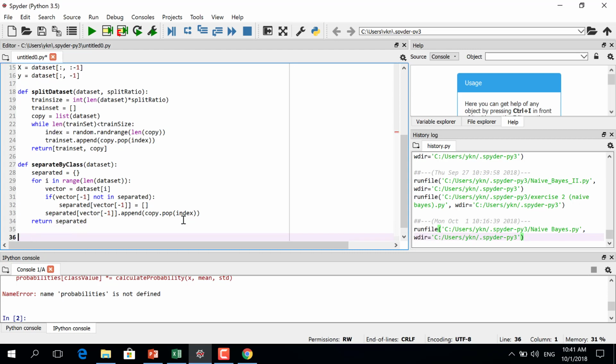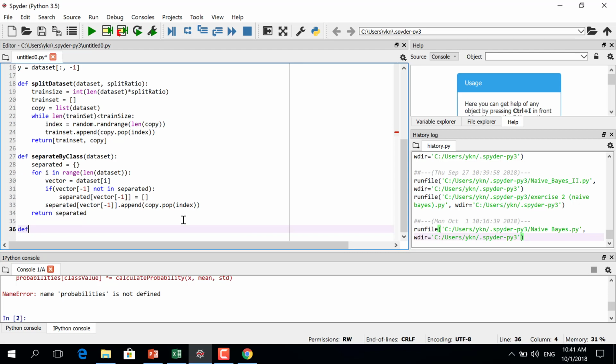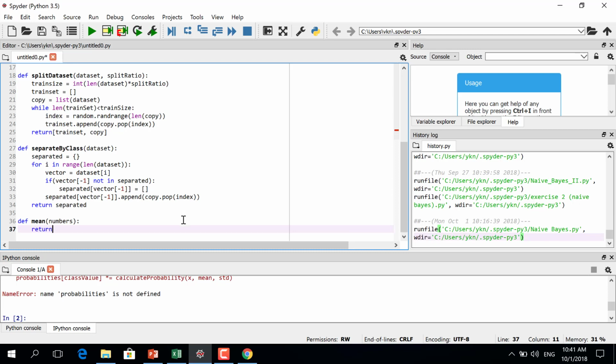Okay, now we can define our mean values, the mean for each row in input groups +1 and -1. So we have a new definition with new variables, called numbers, and in numbers we have to return the sum of the numbers divided by the length of the columns, so how many rows are within each column.